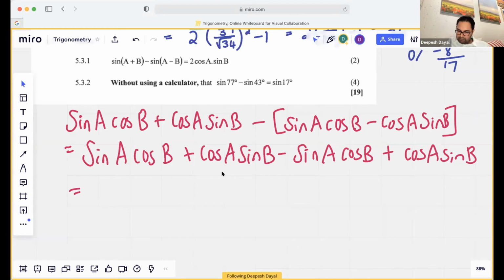We've got sine A cos B. This one here can cancel, see, with this one. And then I end up with 2 cos A sine B. 2 cos A sine B. Okay, everybody got that?